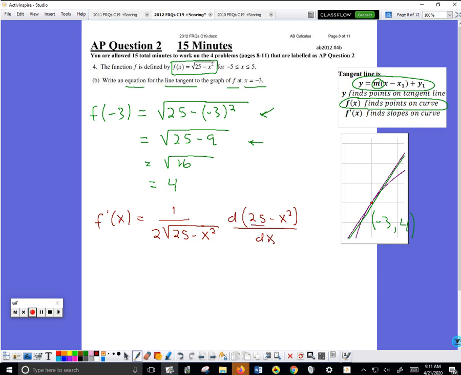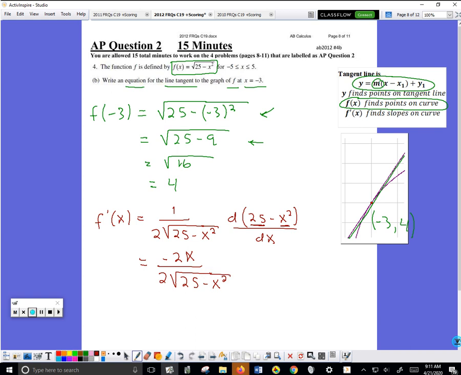This is a constant. The derivative of a constant will be 0. The derivative of x squared will be -2x. So my f prime formula is -2x divided by 2 square root 25 minus x squared.